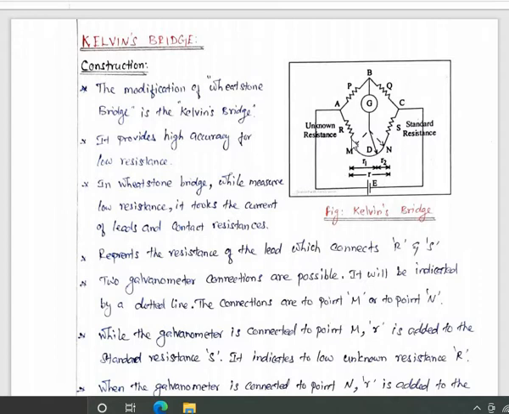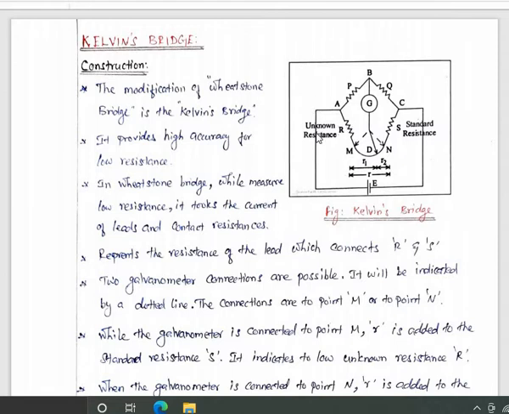Some external wires are connected, because the resistance leads will not connect directly here. Some thin resistance wire is connected, and the galvanometer is connected across any point. Here we have to mark points M and N, where M is the least one and N is the maximum one, and you can adjust any point, and we measure the value of the unknown resistance R.